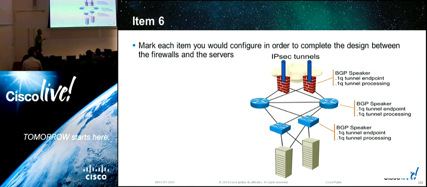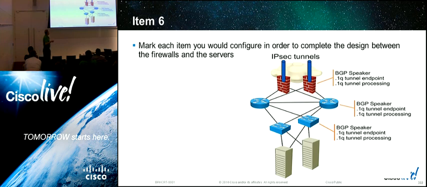So we have the firewalls, those routers behind the firewalls, and the access switches. And you have choices for each of these. Again, this is like a set of independent questions. What's the role of these devices? What's the role of these devices? What's the role of these devices? You answer them, and you can get points on each of them.